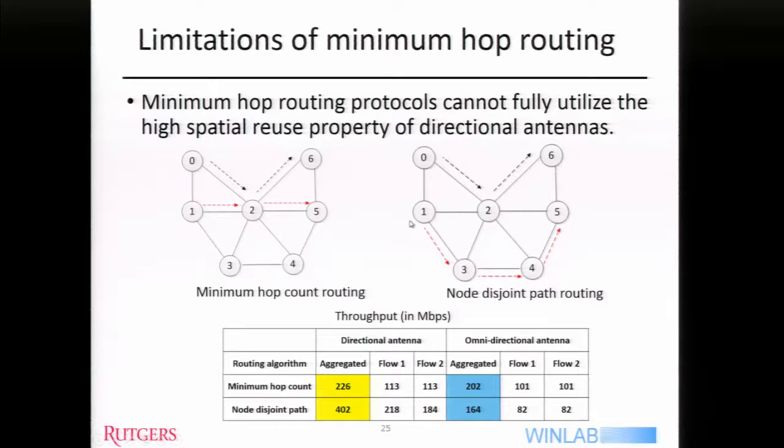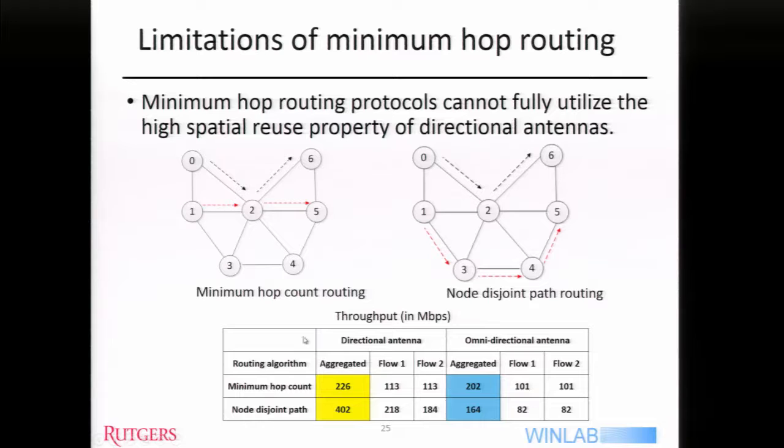That means if there are two flows in the network, each flow will choose the path that has no overlapping nodes. We show that with an omnidirectional network, node disjoint paths perform worse than the minimum hop count route because there's no spatial reuse, and one path is a longer path.